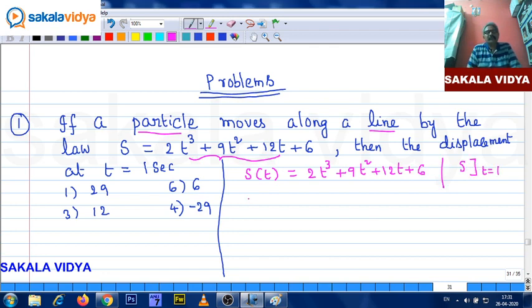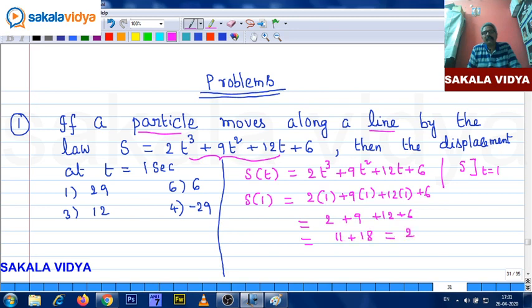Just substitute, that means we need to find s of 1: 2 into 1 cube, 9 into 1 square, 12 into 1, plus 6. This equals 2 plus 9 plus 12 plus 6. This is 11 plus 18, that means 29 units. This is the answer, so the first option.